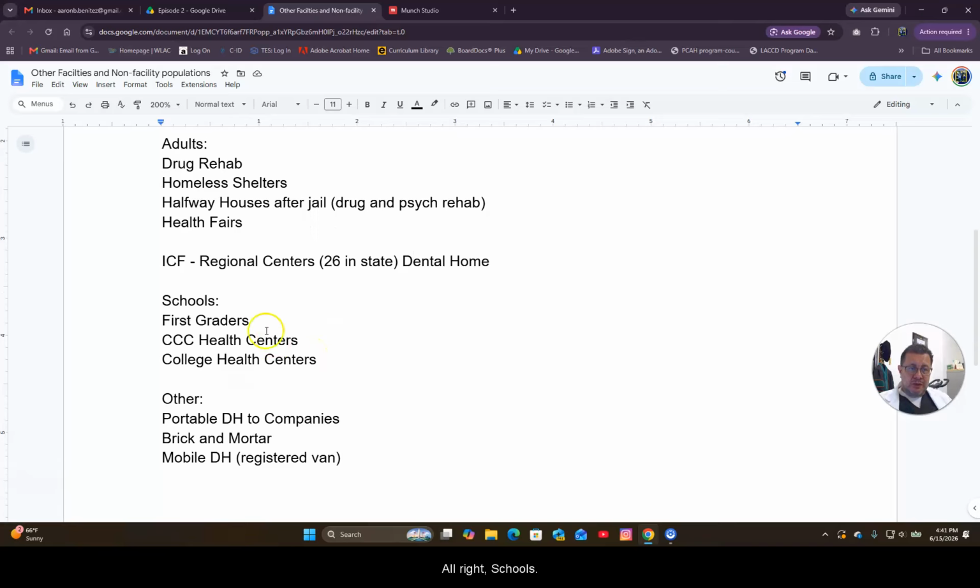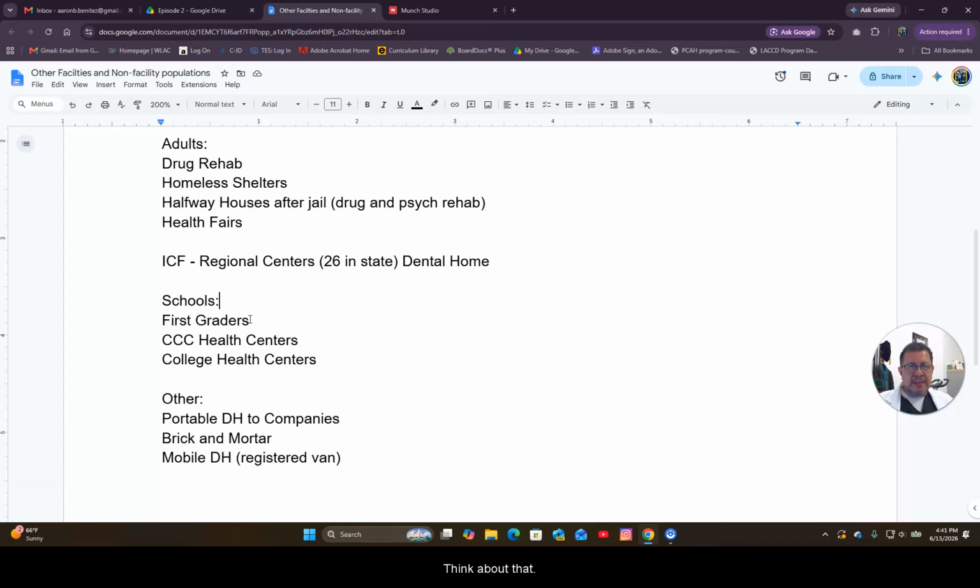All right, schools. So when we think of schools, think of essentially what we did as RDHs in public health: first graders. Okay, so the 6-year-old molars, as soon as they come out, we really have to get in there and do the sealants and so on. Okay, so with schools, unified school districts are not the only type of schools.